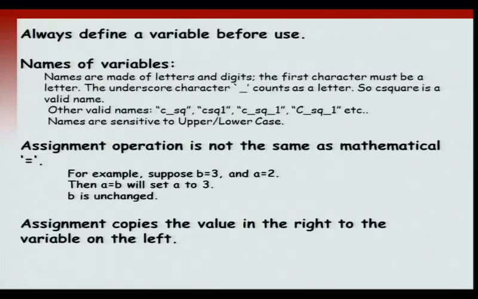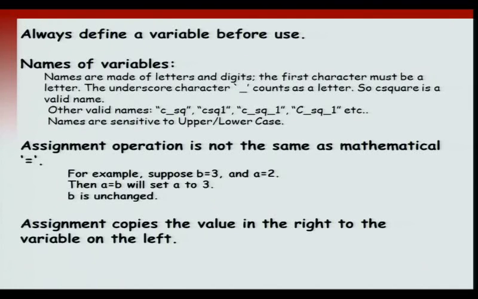For example, let us say that you have the statements B equal to 3 semicolon, and then later you have A equal to 2 semicolon, and further you have the statement A equal to B semicolon. So, the statement A equal to B will set A to B's value.